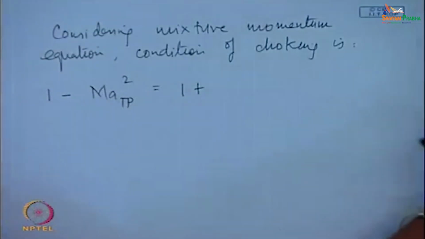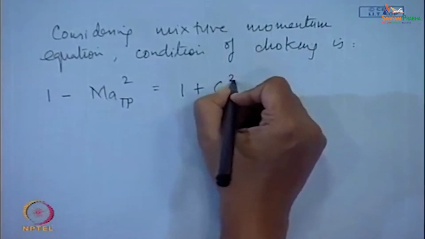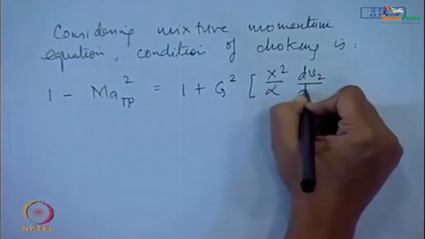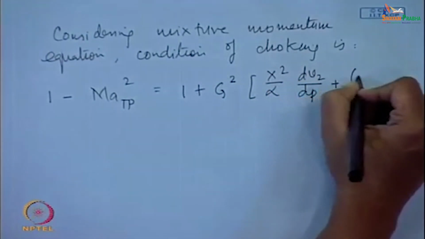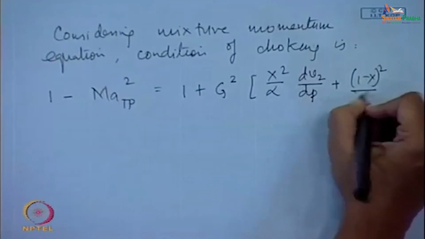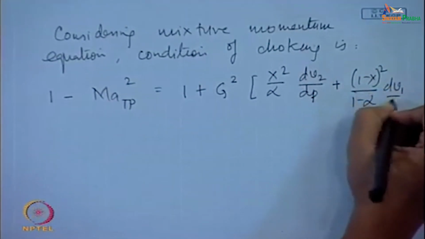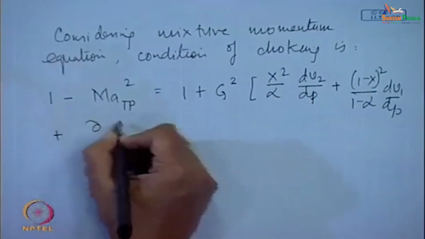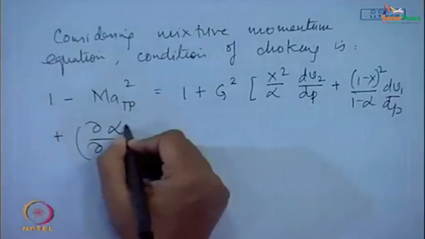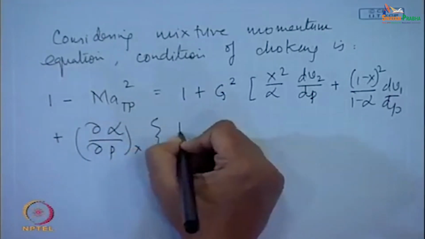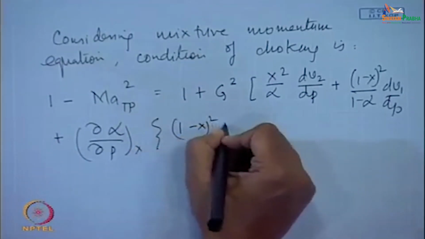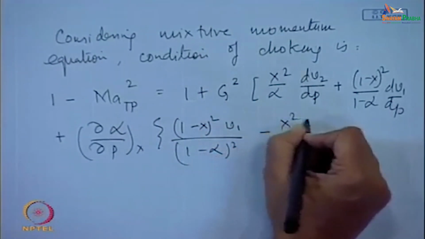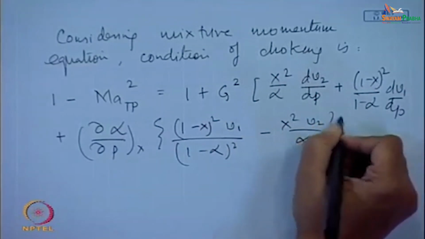So, therefore, this is equal to 1 plus G square, x square by alpha dv2 dp plus 1 minus x whole square by 1 minus alpha dv1 dp plus del alpha del p at constant x, 1 minus x whole square v1 by 1 minus alpha whole square minus x square v2 by alpha.